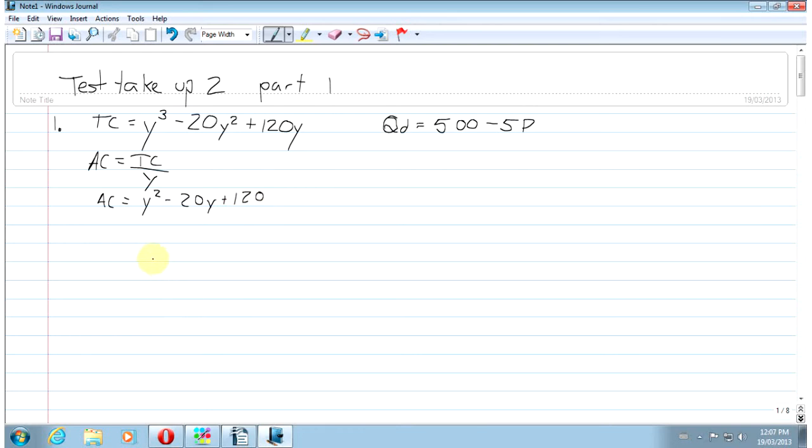Then we're going to take the minimum value. To take a minimum, we just take the derivative with respect to y.